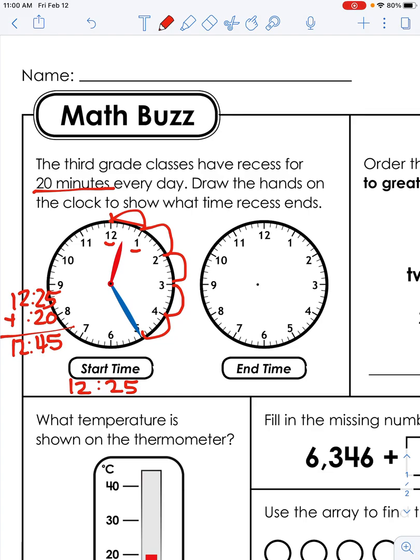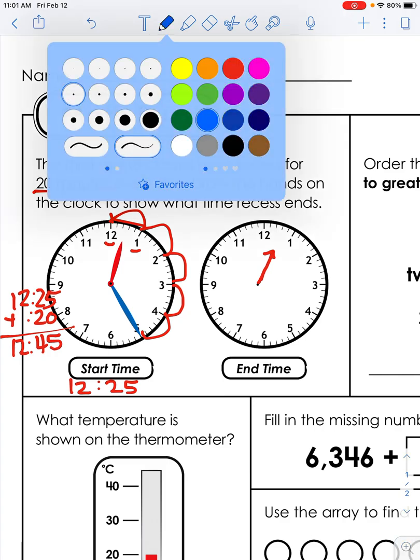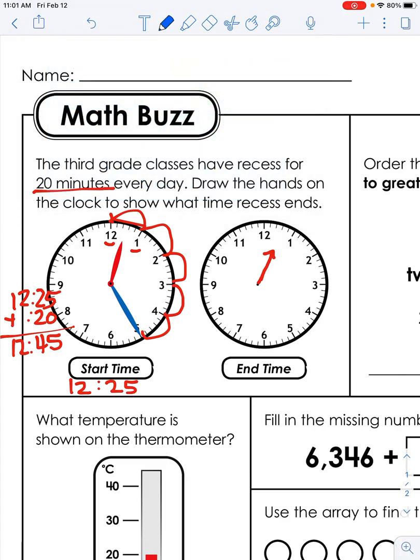So I know that my red short hand will still be between the 12 and the 1, and it's going to be a little bit closer to the 1 though, because it's almost the next hour. My long hand, my minute hand, is going to be at 45 minutes. So that would be, okay, this is 30, so if I skip count by 5s, 35, 40, 45 points at the 9. So I will make my long hand pointed at the 9.